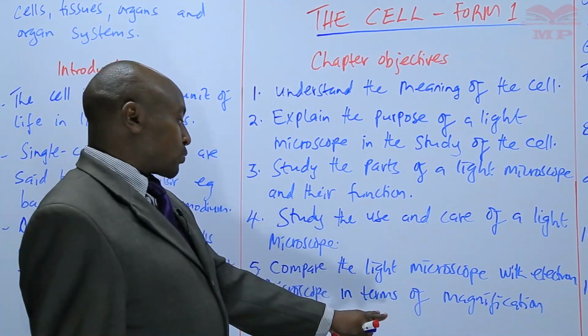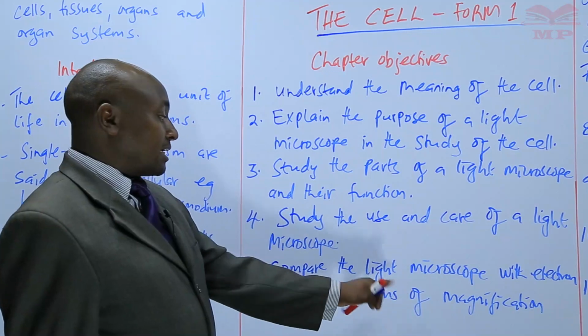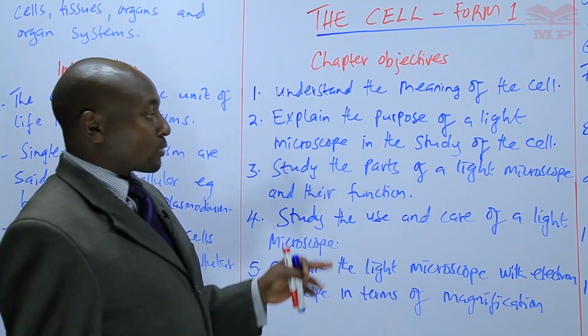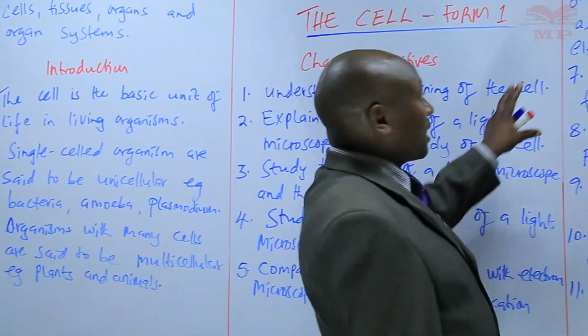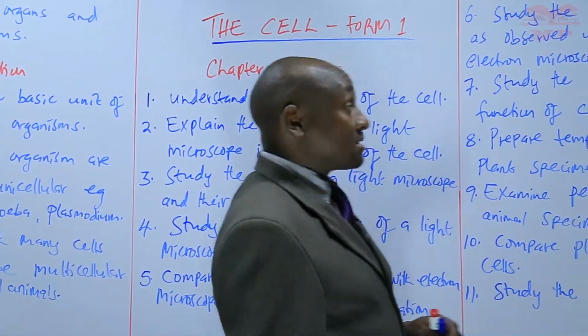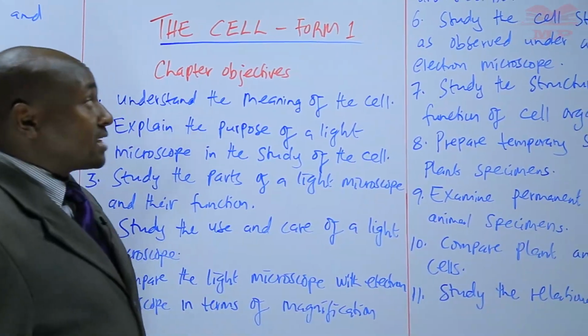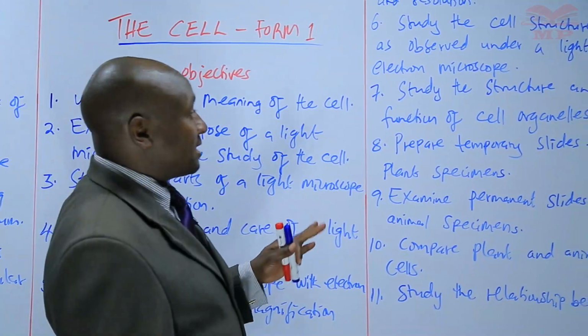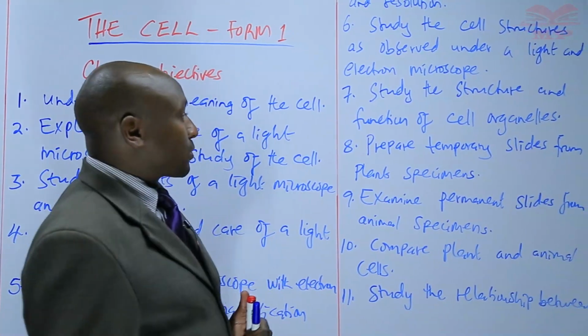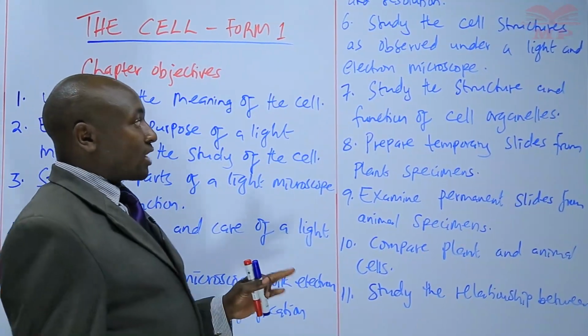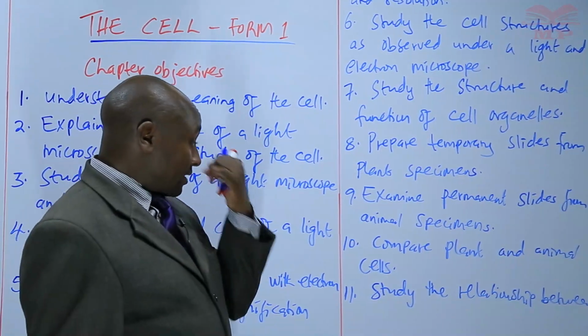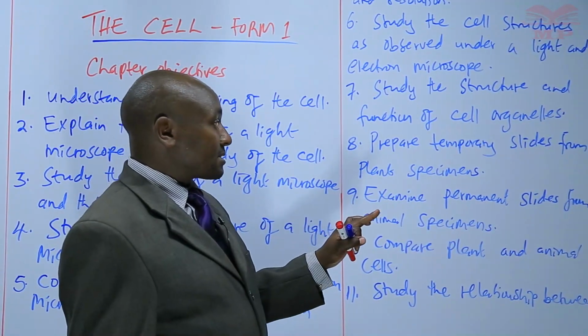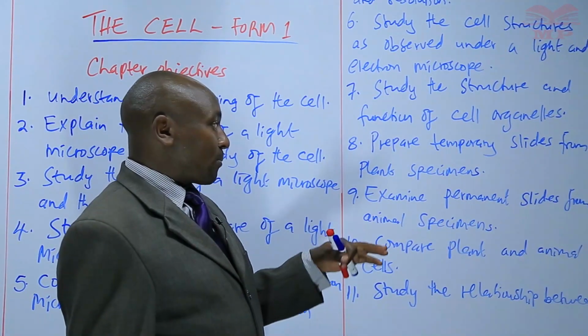How does the microscope, light microscope, compare with the electron microscope? We look at the cell structures that can be seen using different microscopes, that is light and electron microscope. We'll also study the functions of those organelles. We will prepare slides, temporary slides from plants.